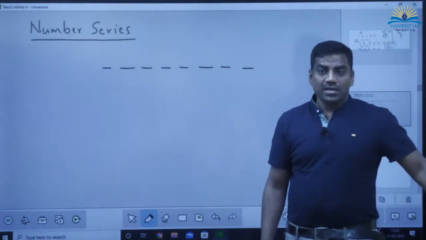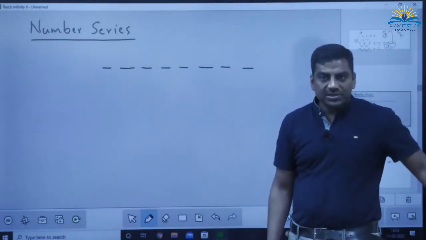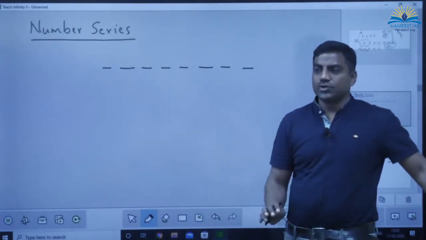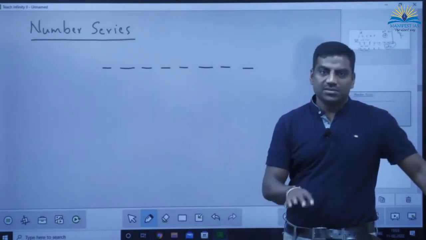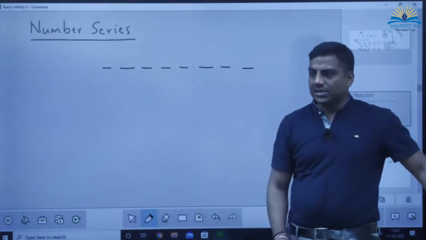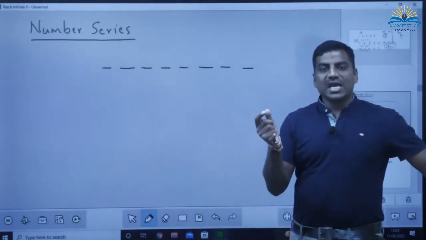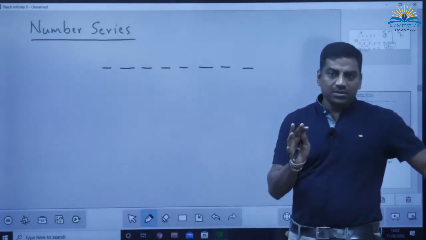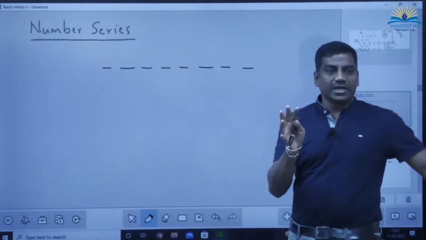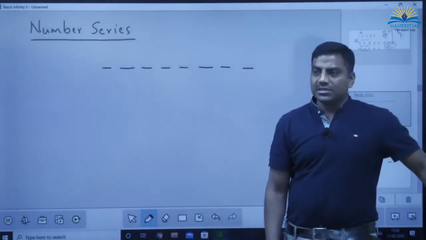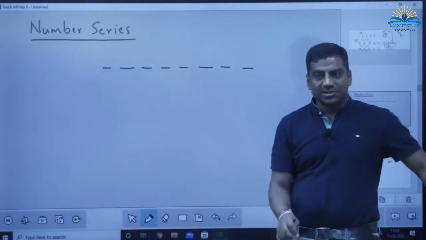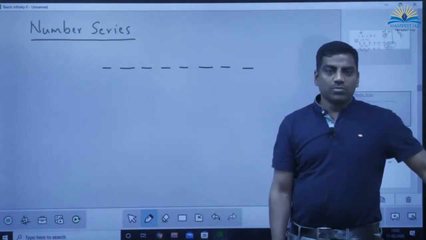I can't say that relation is a common difference or a common ratio. There is a common relation. Sometimes it can be with respect to the difference between them, sometimes with respect to the ratio between them. Always we have to look from these two angles first while solving.